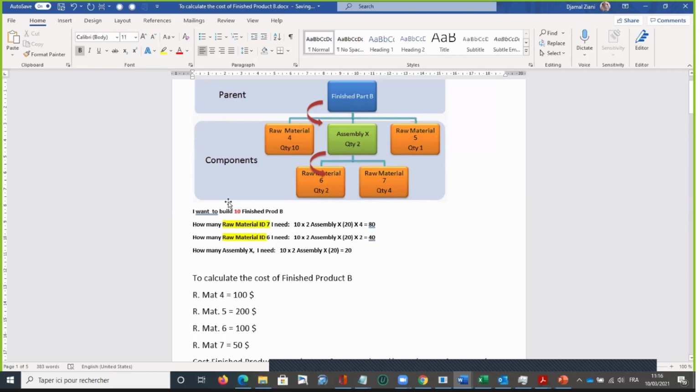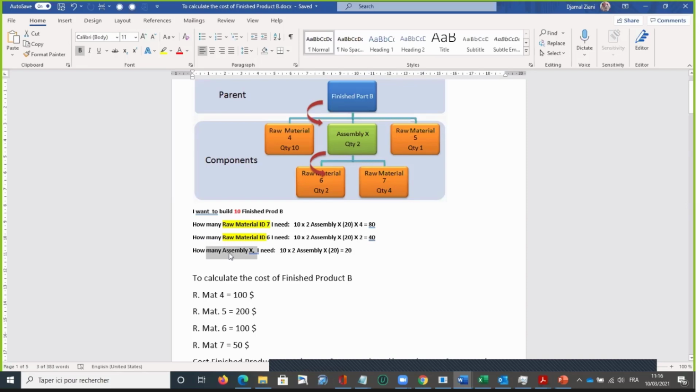I want to build 10 finished product B, and one finished product B needs 2 assembly X. So we need 20, right, or am I wrong? Correct, but assembly X also contains raw material 7. No, but the question is how many assembly X.